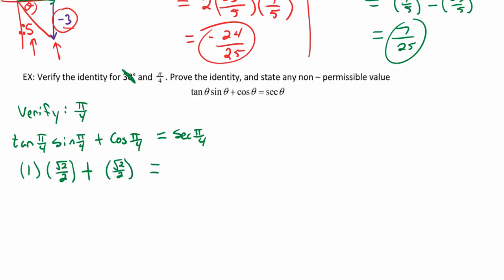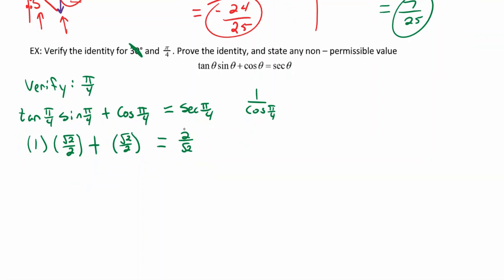And that's supposed to be equal to, now, a good way to do these is to think that secant is just 1 over cos theta. So it's 1 over cos pi over 4. If cos pi over 4 is root 2 over 2, then this would just be flipped upside down, so instead of root 2 over 2, it's going to be 2 over root 2.